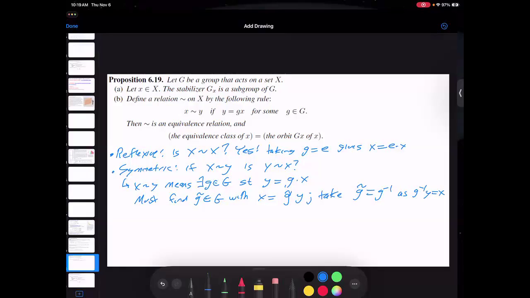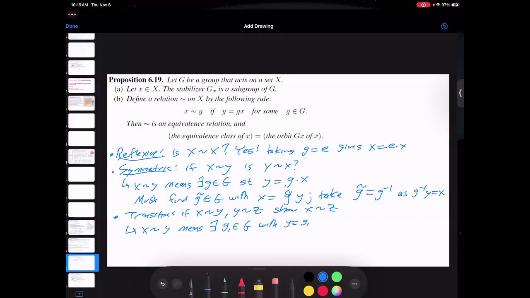And the last is transitive. If x is equivalent to y and y is equivalent to z, we have to show x is equivalent to z. Well, x equivalent to y means there exists, we'll call it g1 in G with y equals g1 of x.